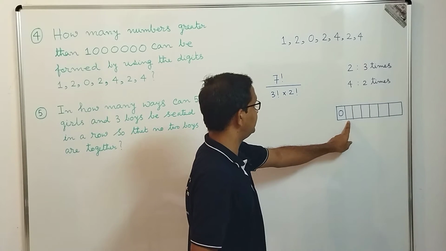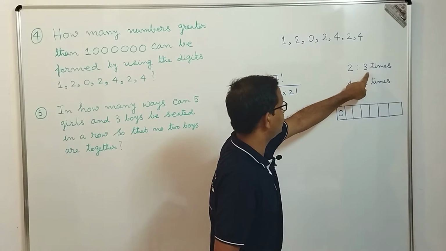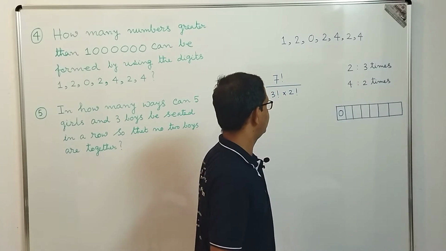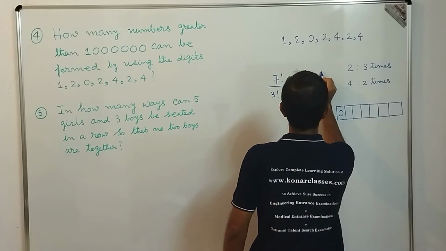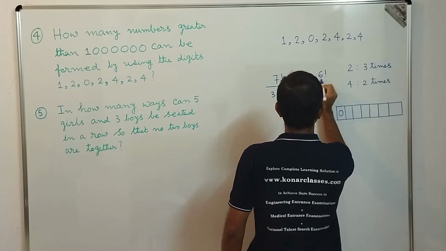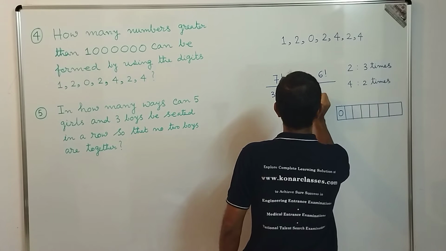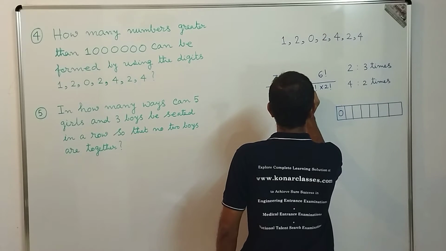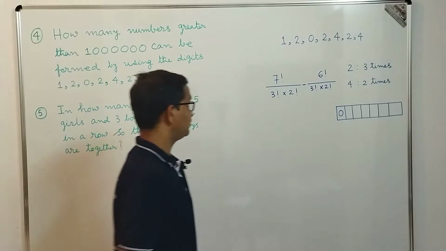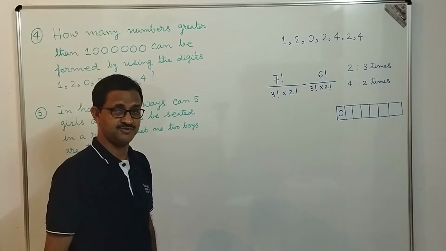Out of those 6 digits, 2 appeared 3 times and 4 appeared 2 times. So what will be the number of arrangements? It will be 6 factorial divided by 3 factorial into 2 factorial, and we should subtract this. So these are the required number of ways.